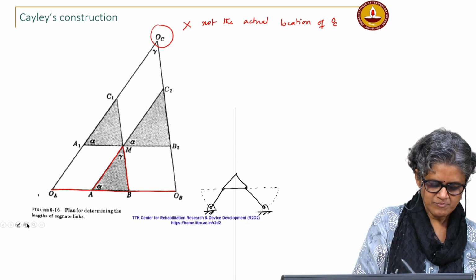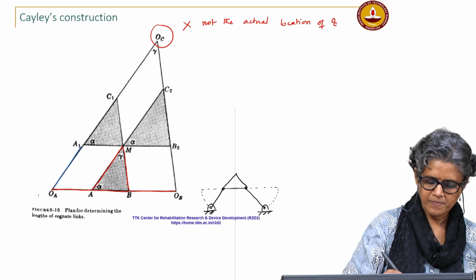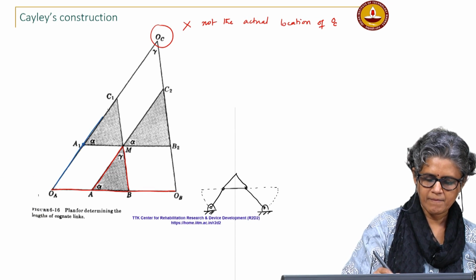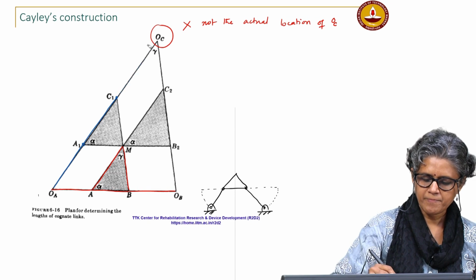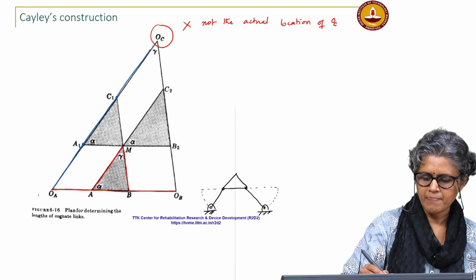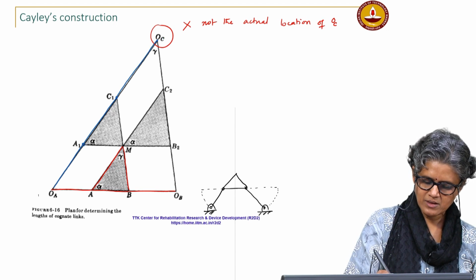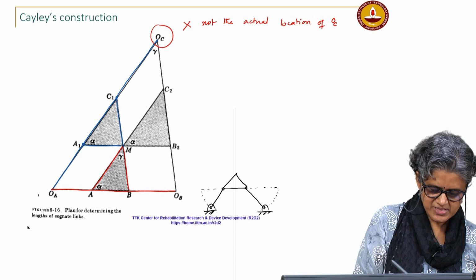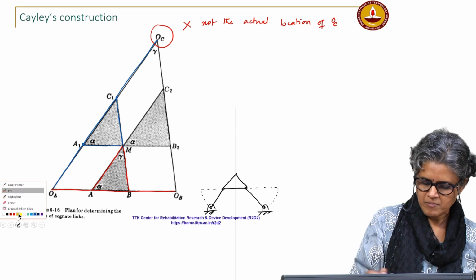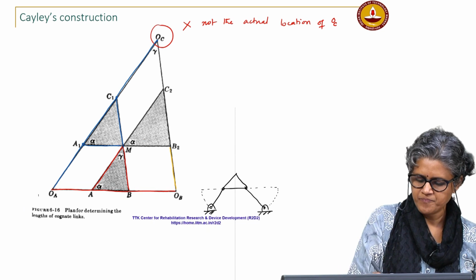So, one will be this, okay, and this will be the coupler. So, the link lengths you get from this construction.